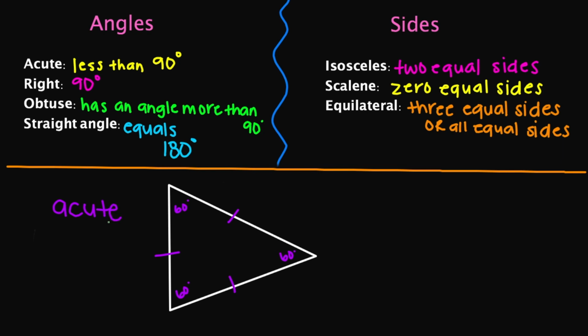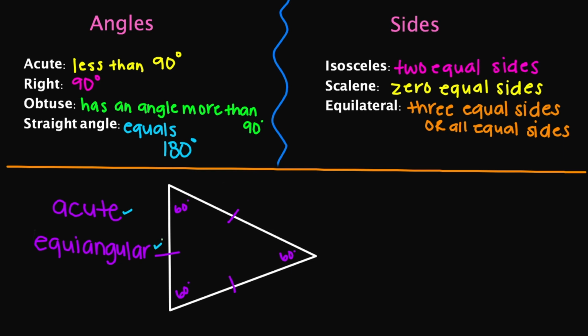However, also remember that since all my angles are equal, this is also an equal angular triangle as well. So in some places you may see acute triangle, and in some places you may see an equal angular triangle. Remember that equal angular is letting me know that all my angles are equal. However, an acute triangle is letting me know that all my angles are less than 90 degrees. So keep that in mind.